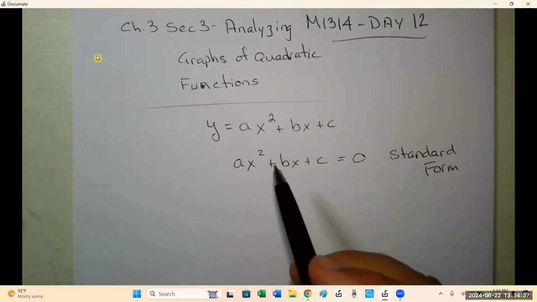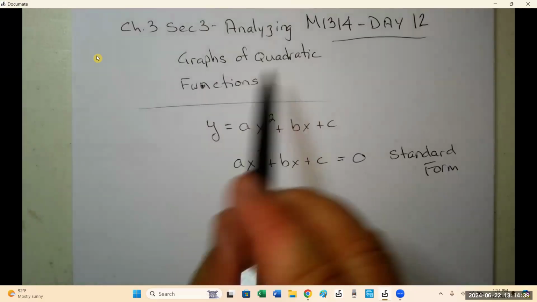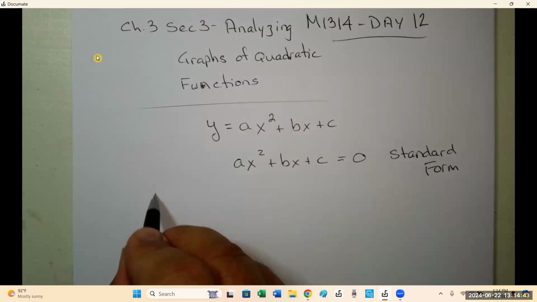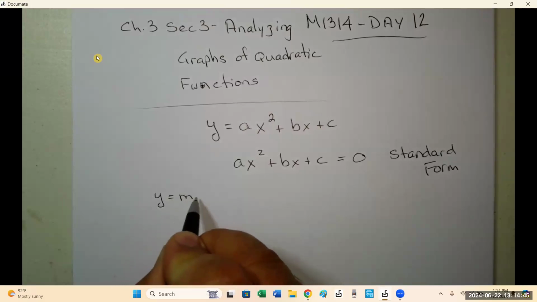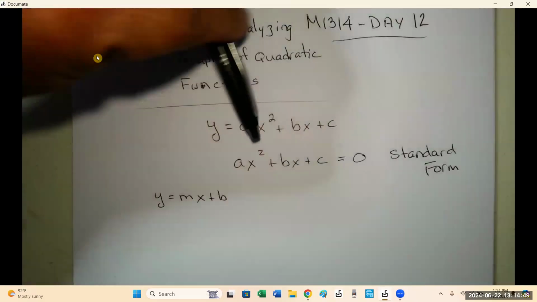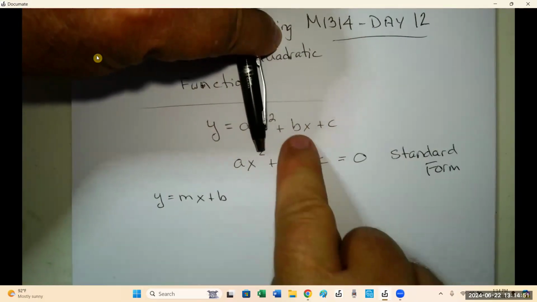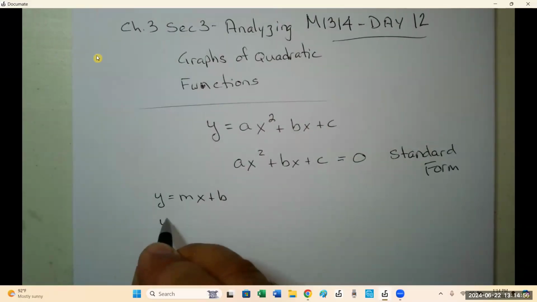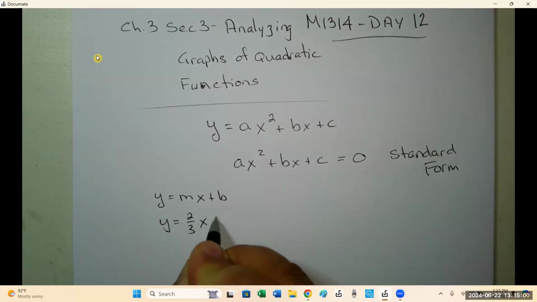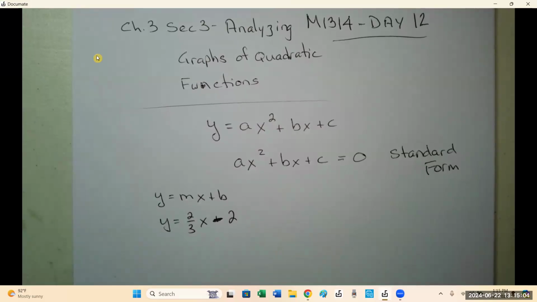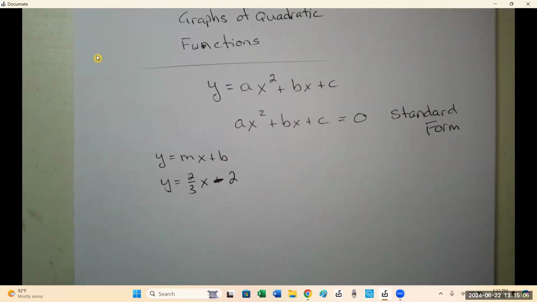All right, so what we're looking at now is the graphs of these quadratic equations. Remember, when we first talked about this in Chapter 1, we talked about linear equations, where the first term is gone, we have bx plus c, where the m represented the slope and the b represents the y-intercept.